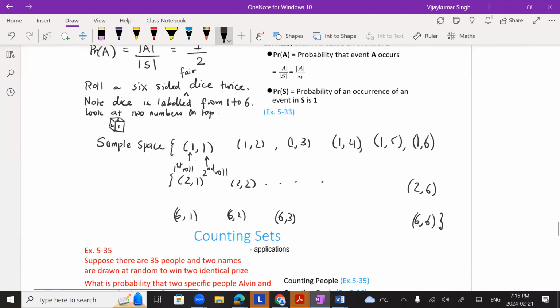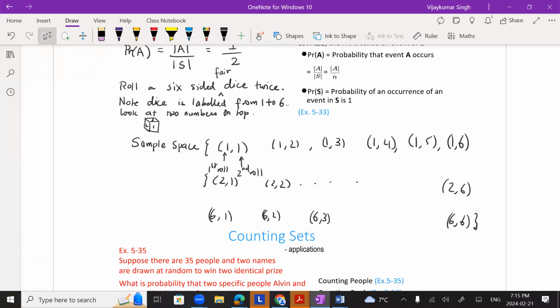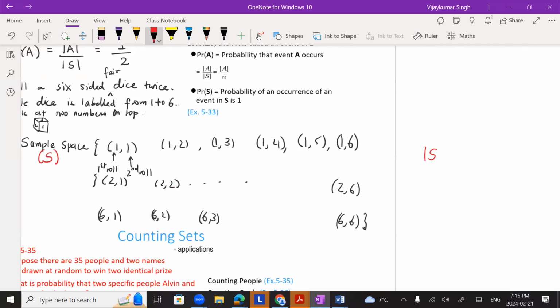So let's talk about events now. In this case, let's call this sample space S. What is the size of S? 36, right? The first roll has 6 options, the second has 6 options, so 6 times 6, the size of this is 36.